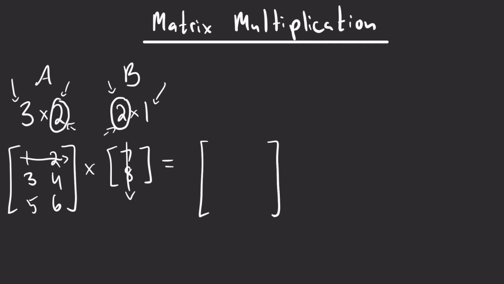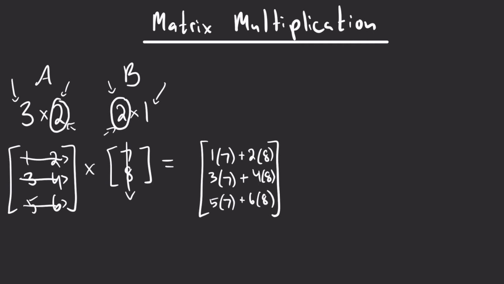For the first one, we go 1 times 7 plus 2 times 8, and then we go down a row and stay in the same column. So then we have 3 times 7 plus 4 times 8, and again, 5 times 7 plus 6 times 8.